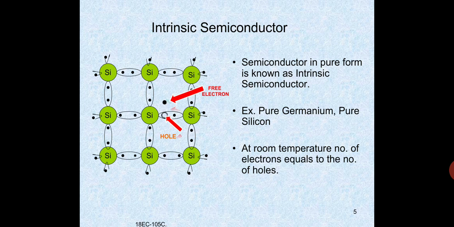At room temperature, the number of electrons will be equal to the number of holes in a pure semiconductor material. Hence, it is neutral and does not conduct any electricity, or there is no flow of electrons. So it rather acts like an insulator.